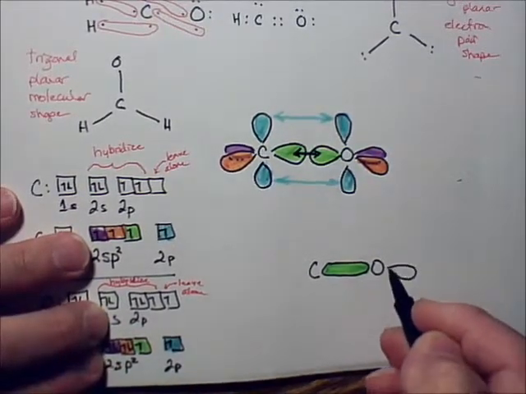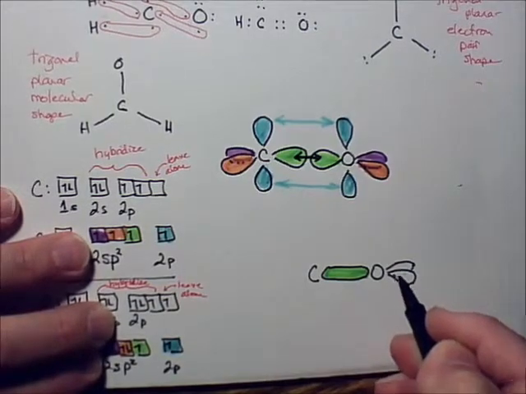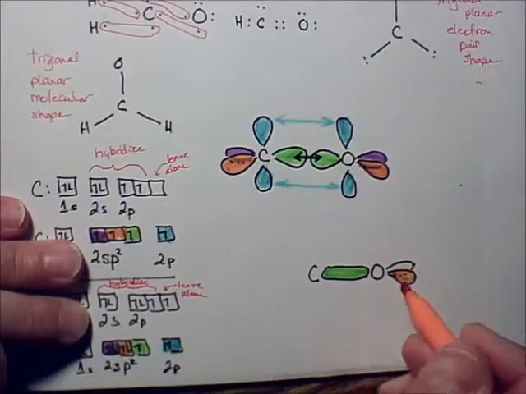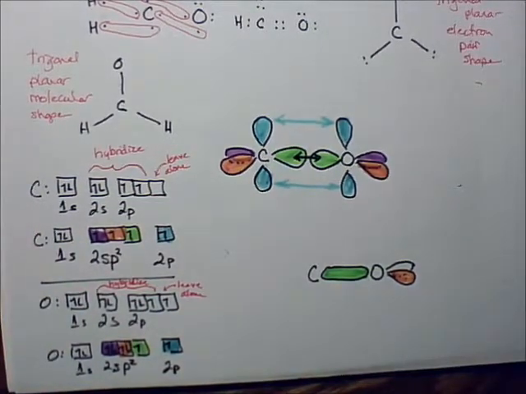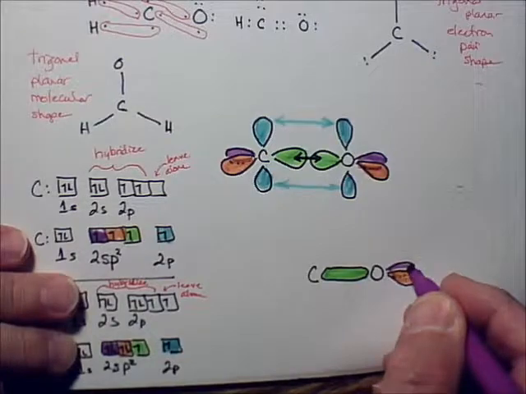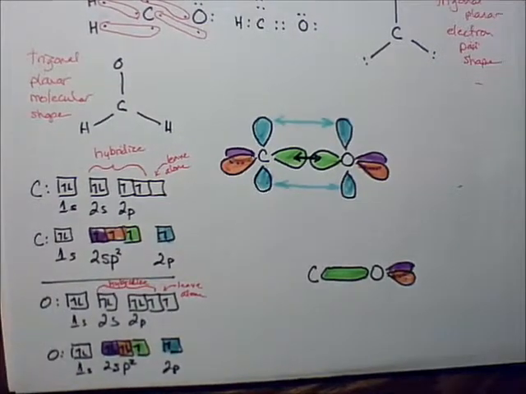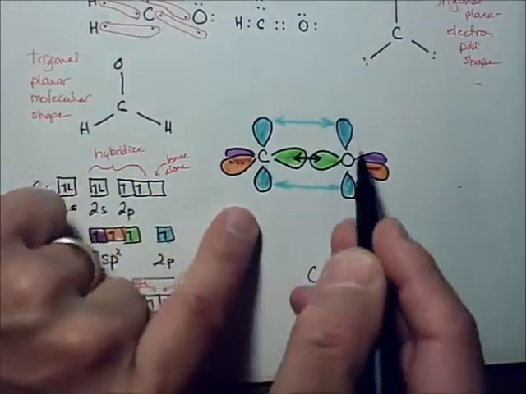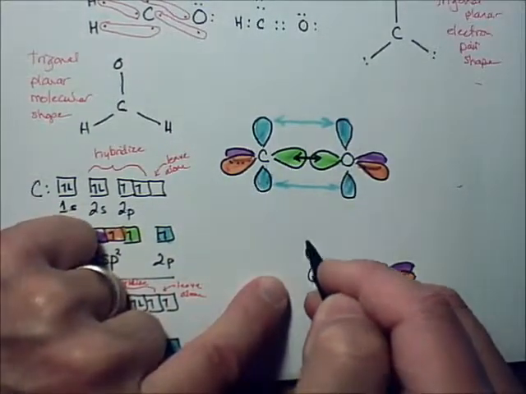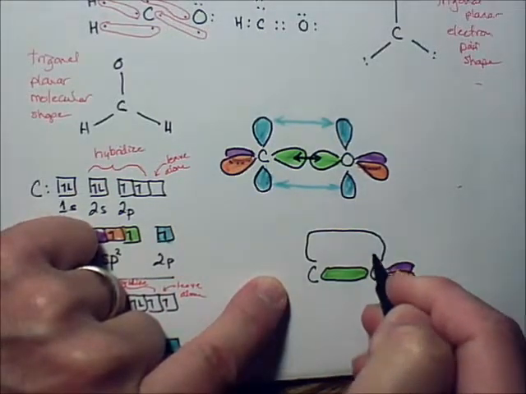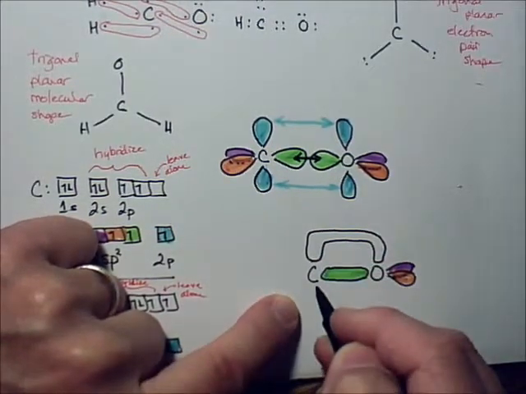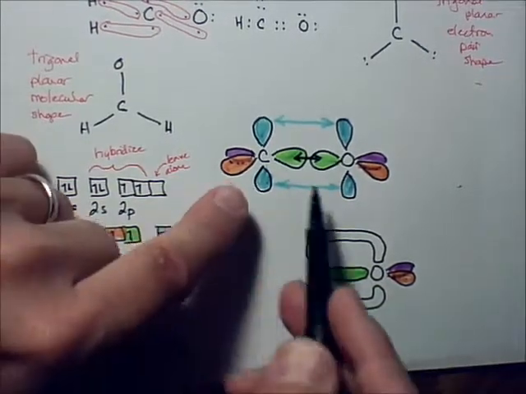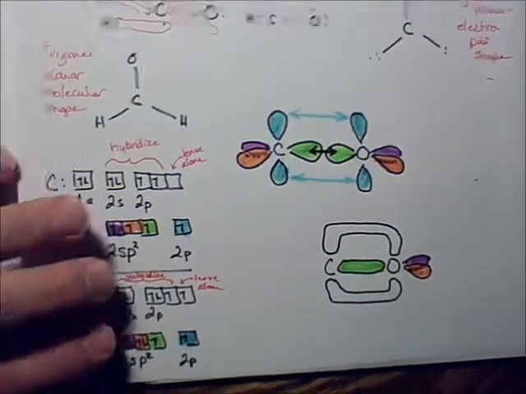So they're going to stay in that single balloon shape. The double balloons, which are the p orbitals, they're reaching out across to each other. Okay, so they're making a single pi bond by doing that.